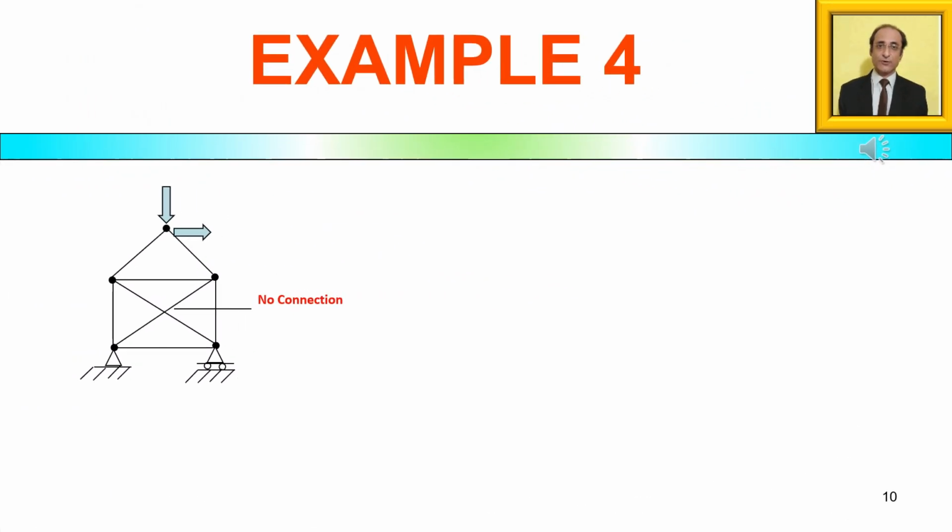Let us see an example of a truss. So here we have this truss with supports, one pin and the other roller. If we now compute the two terms b plus r and 2j, we find that b plus r comes out to be 11. You can count yourself the total number of bars, and j is 5 here, so 2j comes out to be 10. So what is our observation?